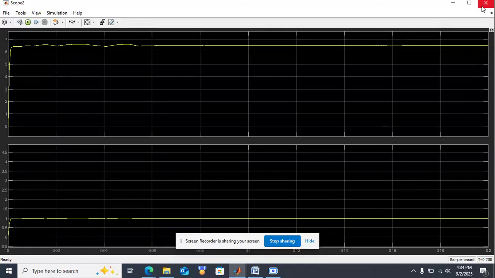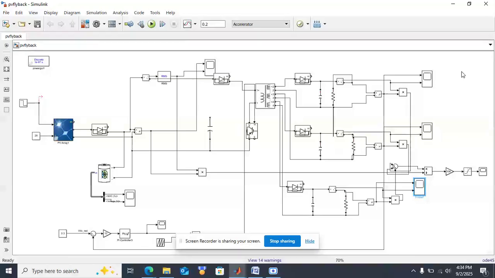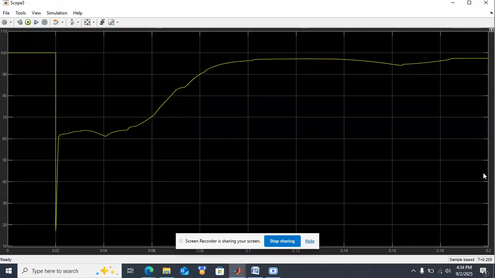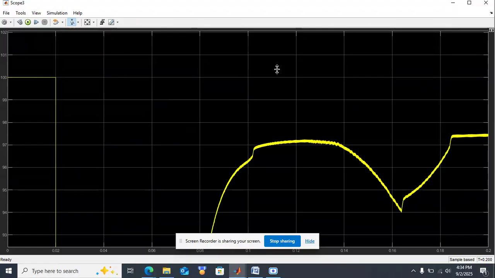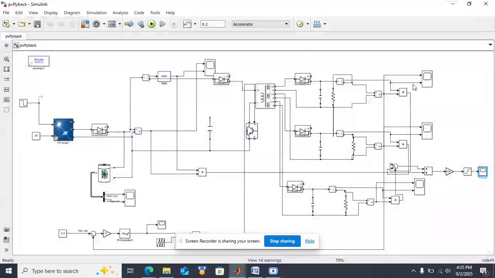So all the voltages are controlled by a single control loop, and this is the efficiency. The efficiency of the converter for R load is around 97 percent.